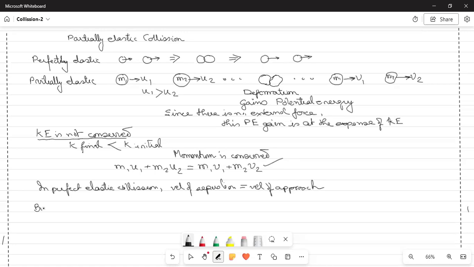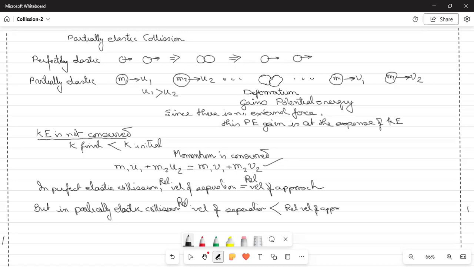But in partially elastic collision, the relative velocity of separation is less than the relative velocity of approach.